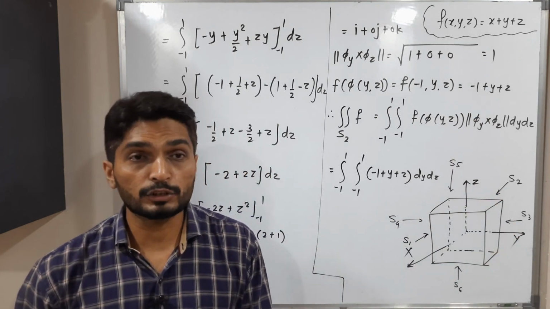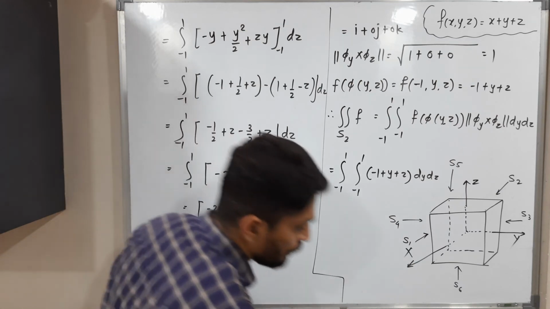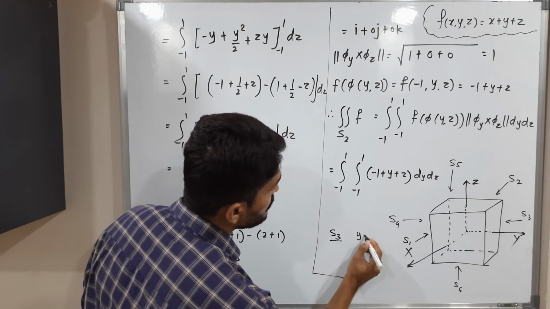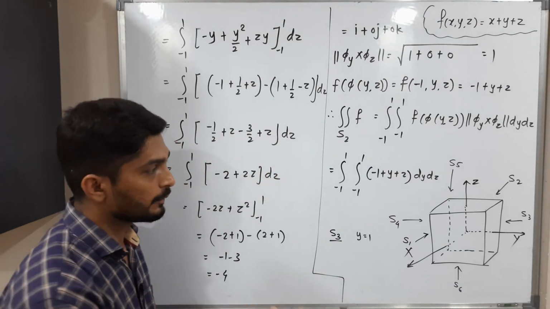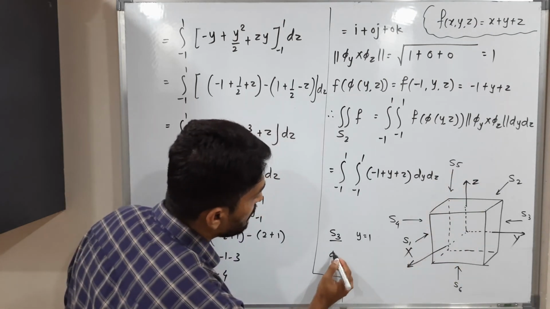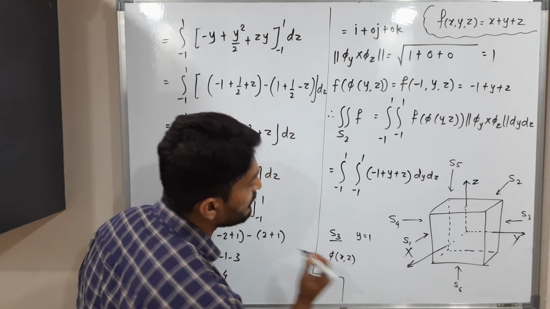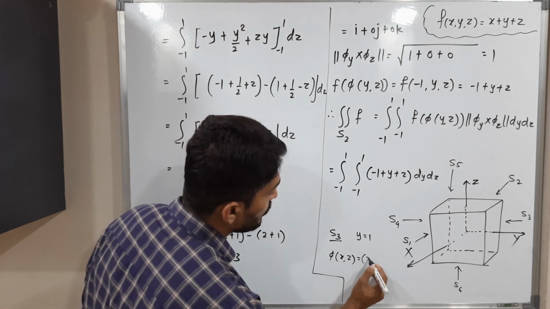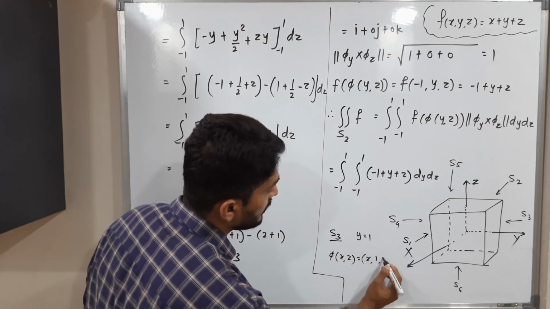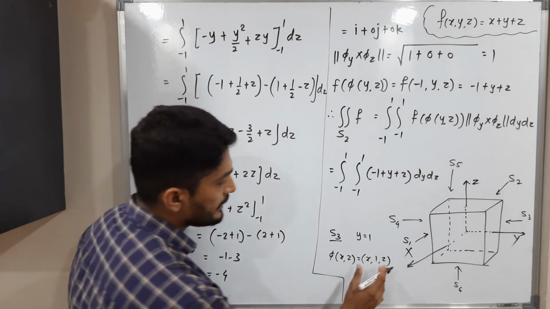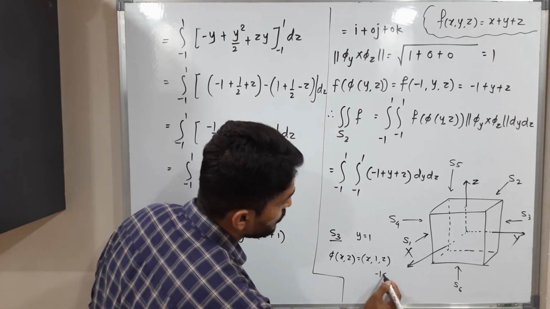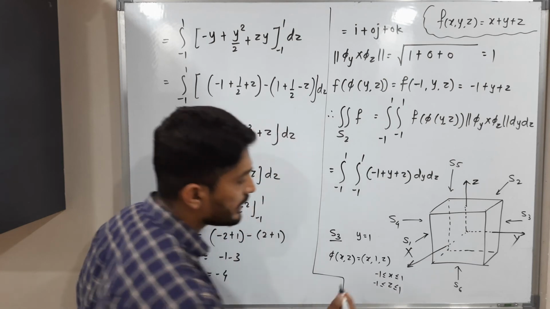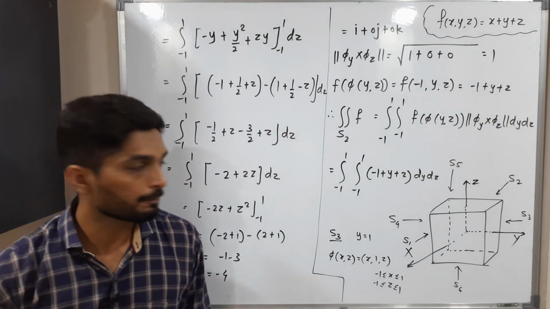So x and z will vary, and the parameterization will be phi of xz equal to (x, 1, z). I should write the limits of x and z, but these limits are already given in the problem, so no need to worry about it.